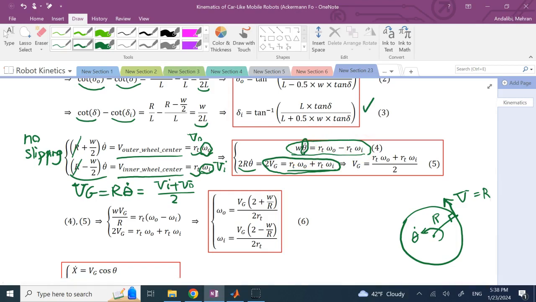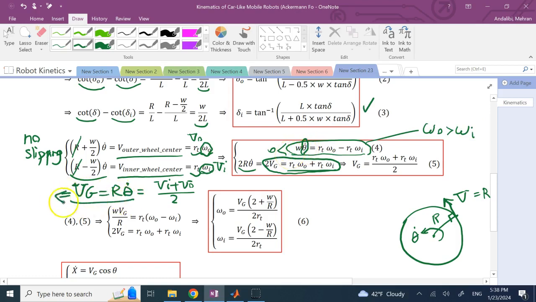Okay? So this one only shows me that since this guy is positive, omega O is bigger than omega I, but theta dot I cannot directly use unless I solve for theta dot from this one.